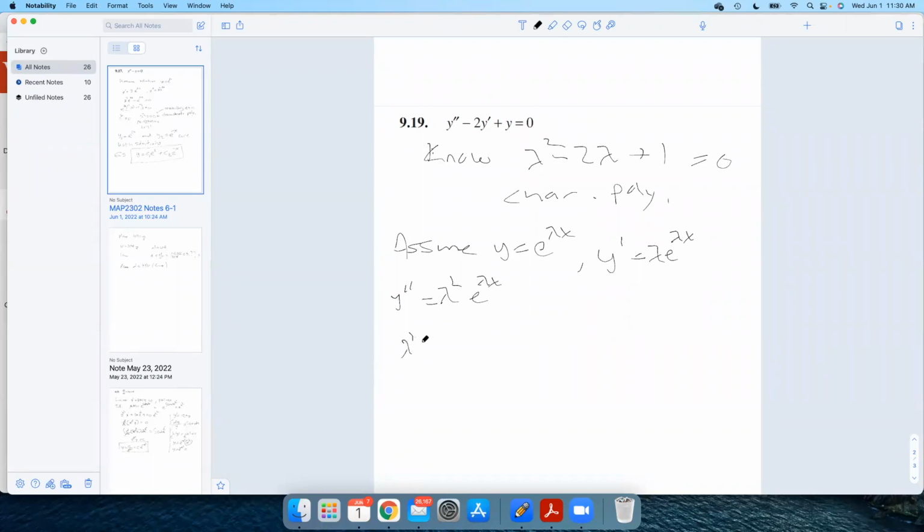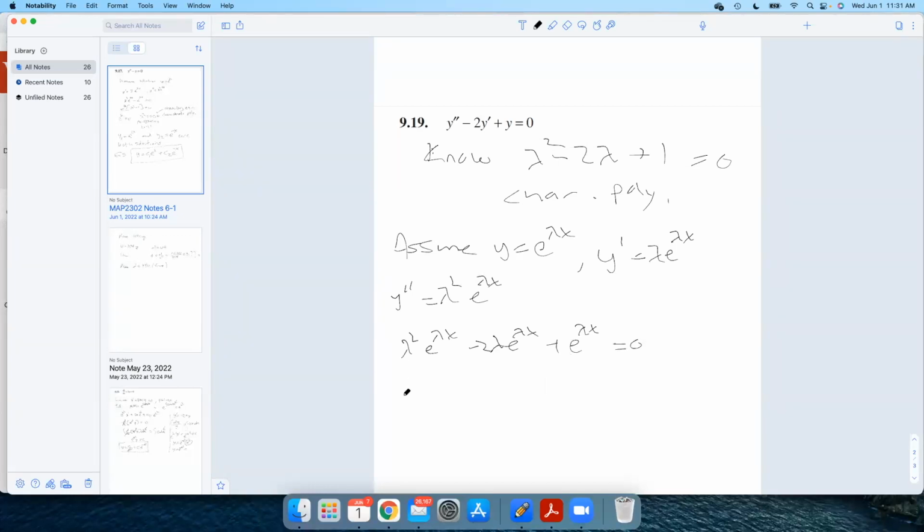We get lambda squared, e to the lambda x, minus 2 lambda y prime, plus the original, right here. Just a y right there. And that's supposed to equal 0.